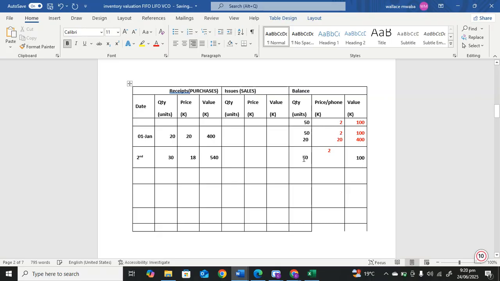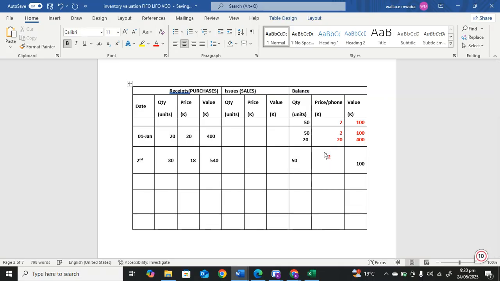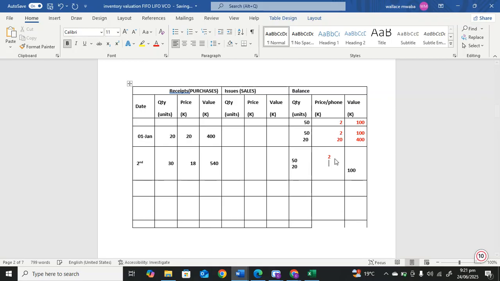Then we've also got 20 units valued at 20 kwacha.